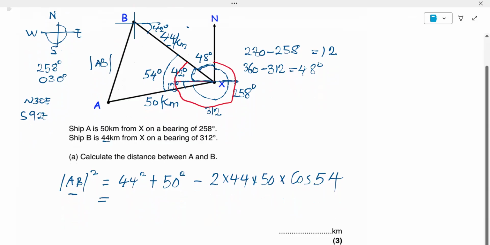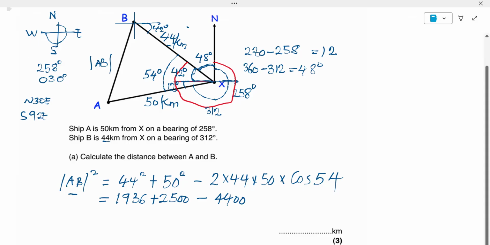If we do these calculations, we will find out that 44 squared is going to be 1936. Then 50 squared is going to be equal to 2500. Now minus, 2 multiplied by 44 multiplied by 50 is going to be equal to 4400. Then we have cos 54 to figure out, right?